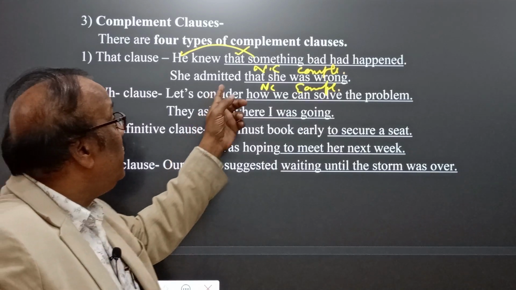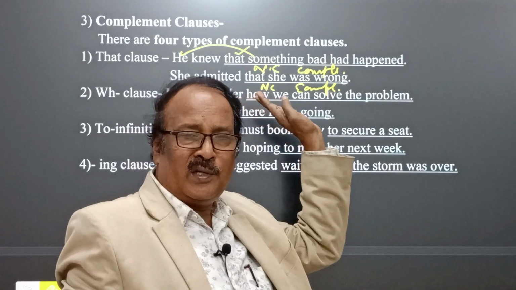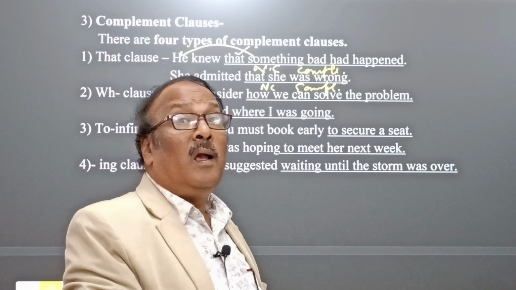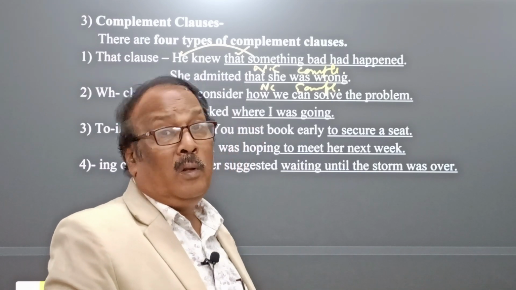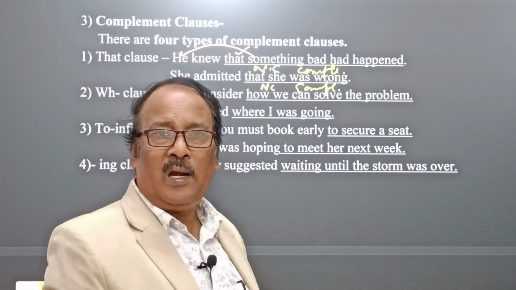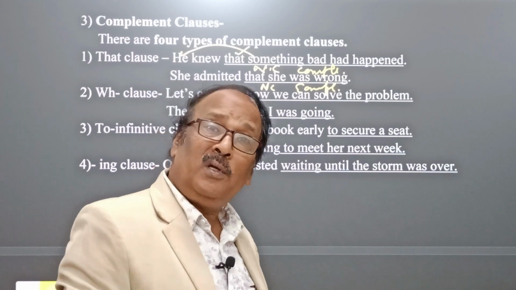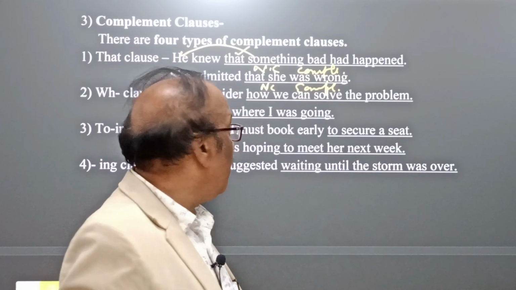This is because this gives a complete idea about the sentence structure. Therefore, it is also called complement. And it begins with that or a WH word, which is a noun clause. It will be discussed very vividly in the subsequent classes.